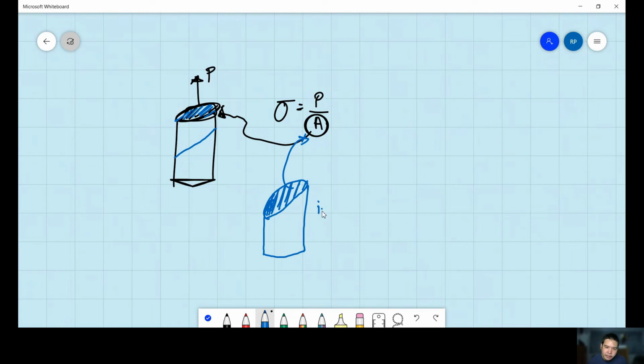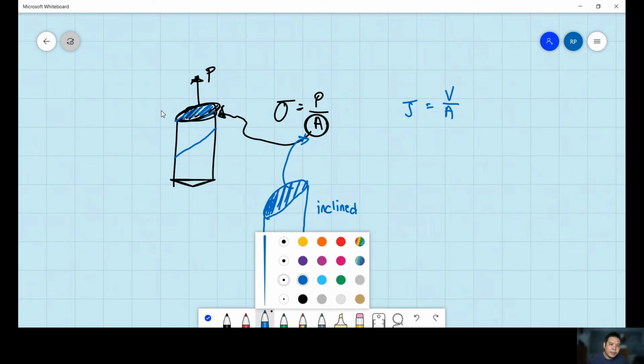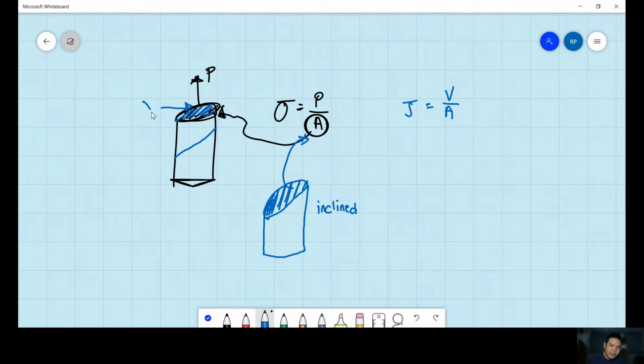Okay, so this area is for the inclined plane. Sorry. That is for our normal stress, and then for our shearing stress, again, V over area. For our shearing stress, it is the applied parallel force V. I'll make this one red for you to visualize clearly.